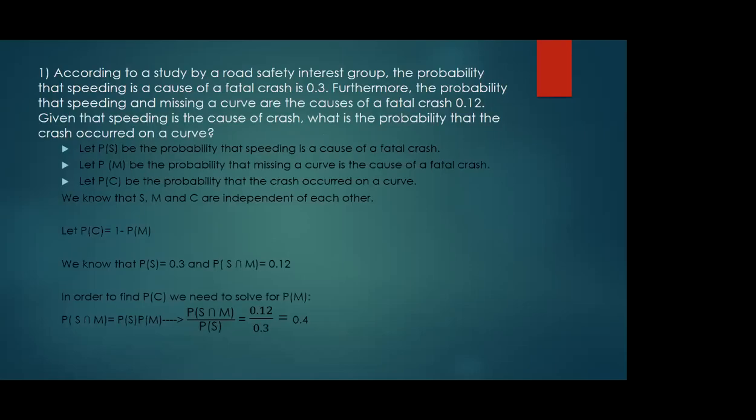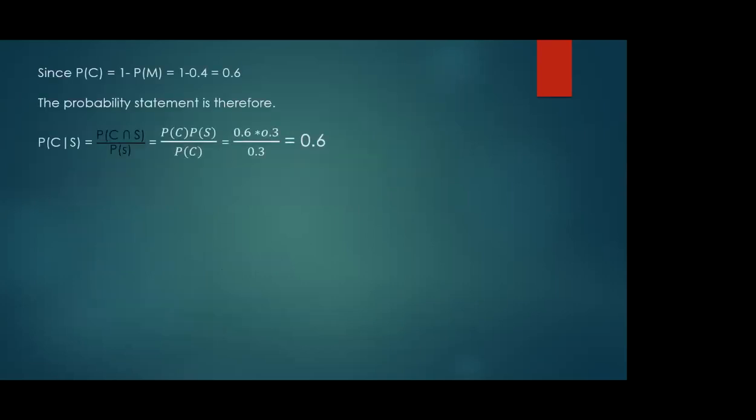The question that was posed was, given that speeding is a cause of crash, what is the probability that the crash occurred on a curve? So we know we're dealing with a conditional probability statement. The first thing you need to do is write a probability statement.